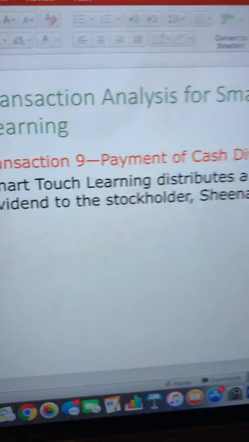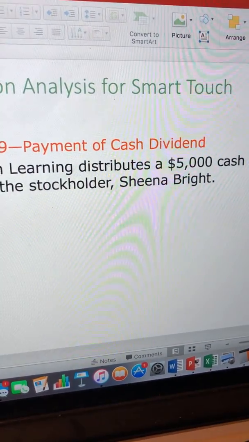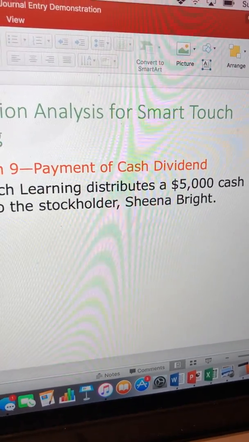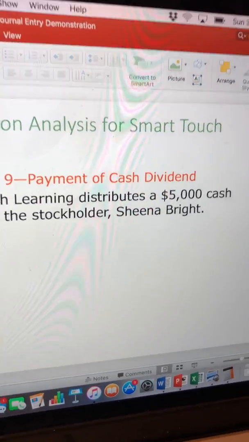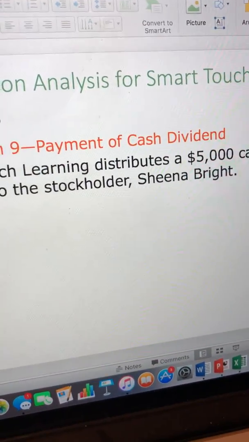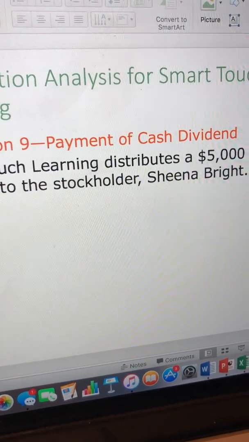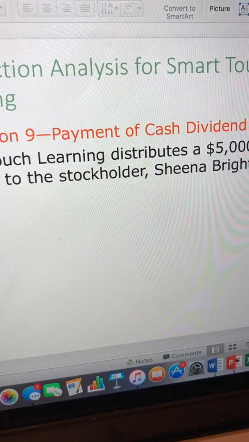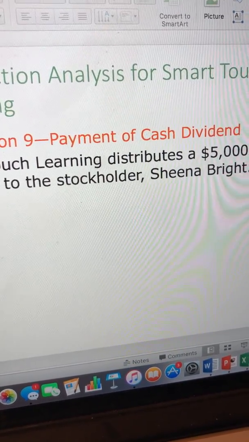Our last transaction is payment of dividend to Sheena Bright for $5,000. So basically what happened here, the company made money. So in order to make the money, they're going to give that back to the owner. So we're going to pay them cash for $5,000.